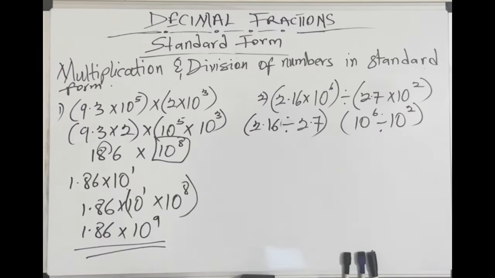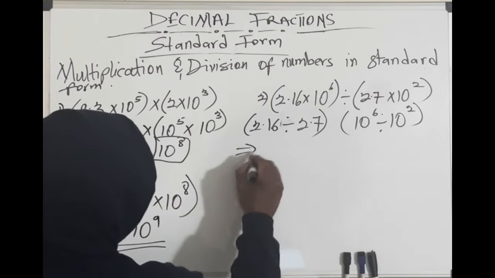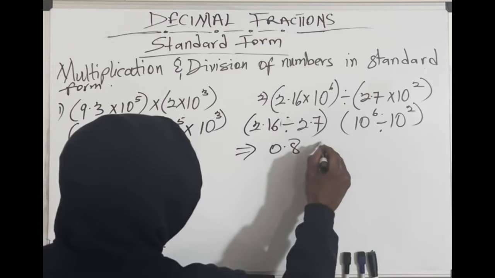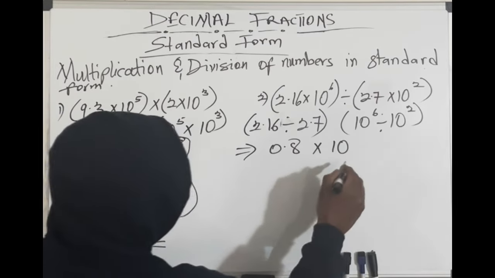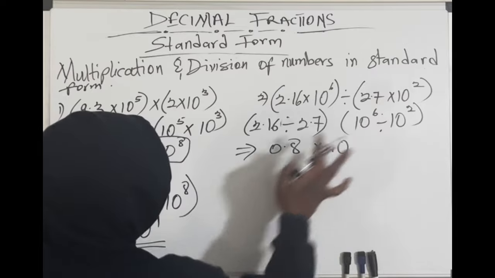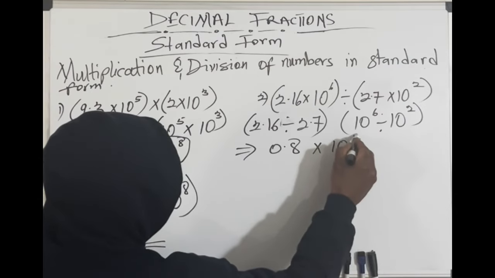So, okay, all right, so let's work 2.16 divided by 2.7. Okay, so we have 0.8, okay, times 10, division sign, so we subtract 2 from 6, okay, we get 4.